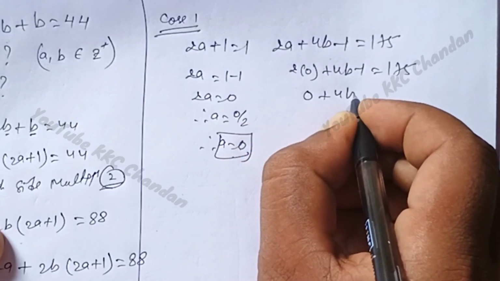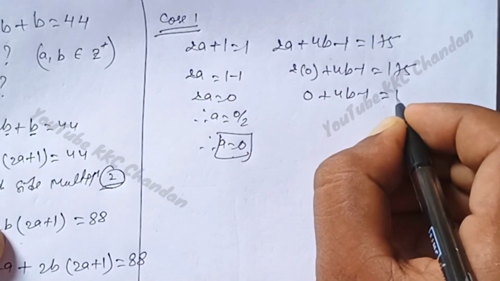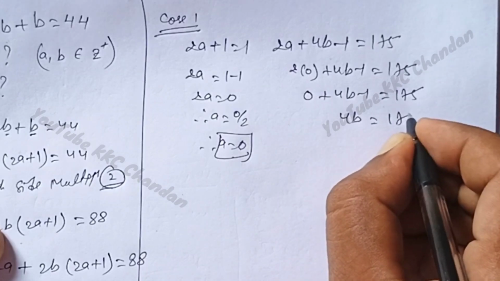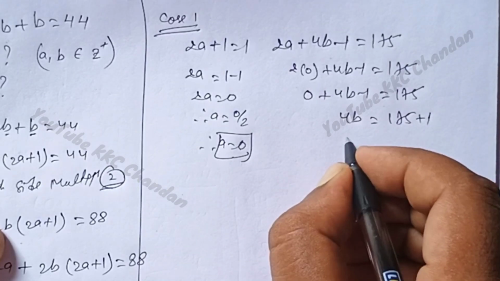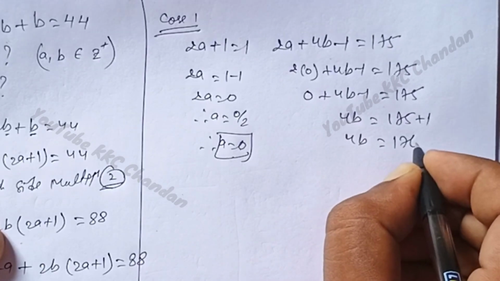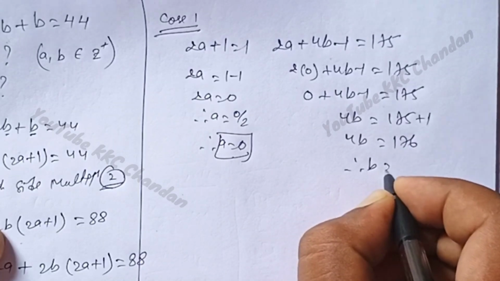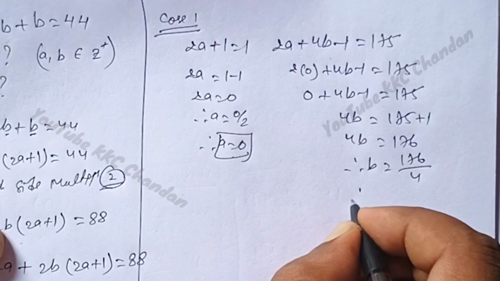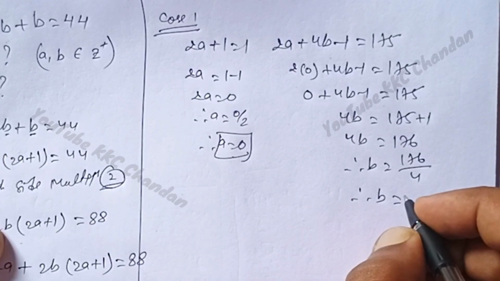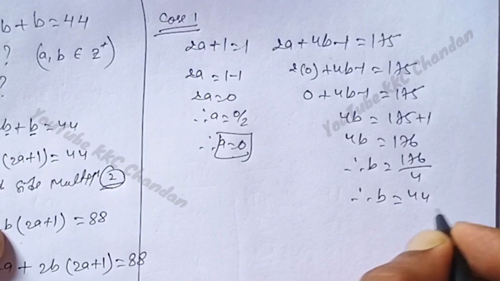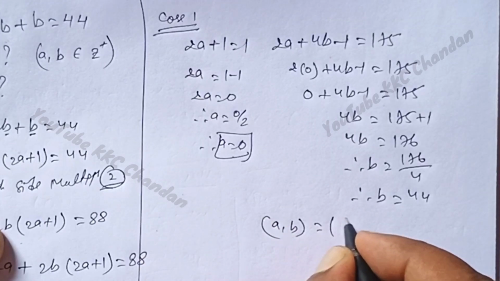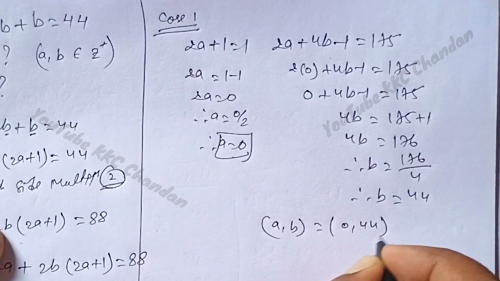So 4b is equal to 175 plus 1, 4b is equal to 176, therefore b is equal to 176 divided by 4, therefore b is equal to 44. So a comma b is 0, 44.